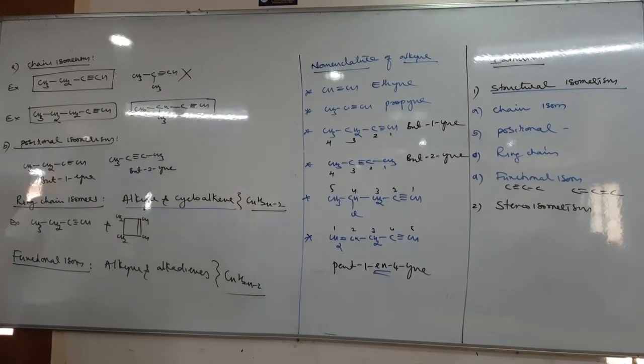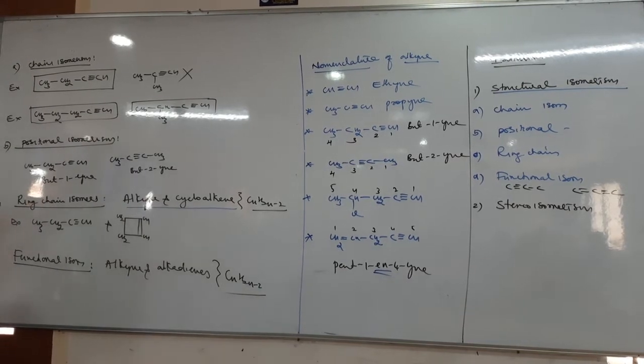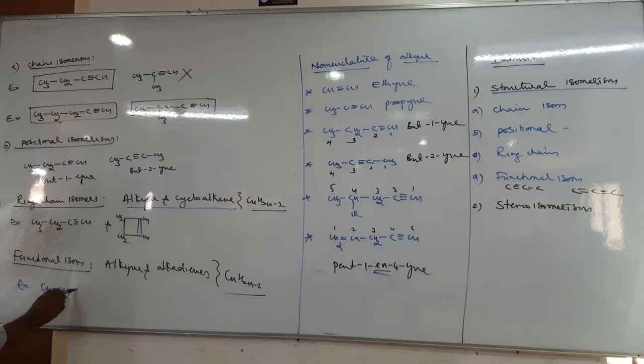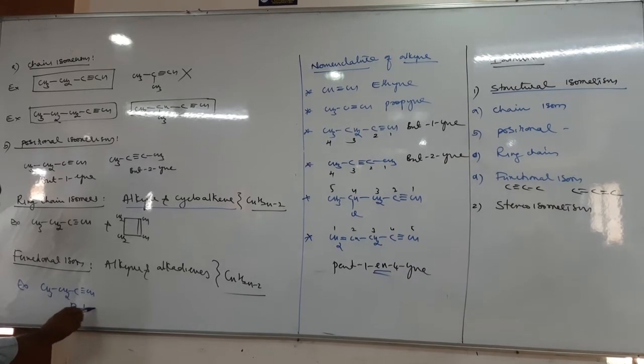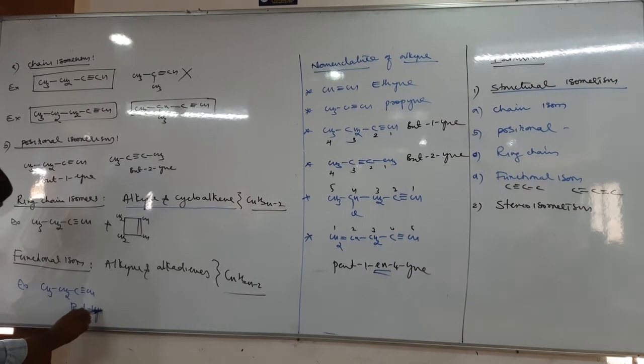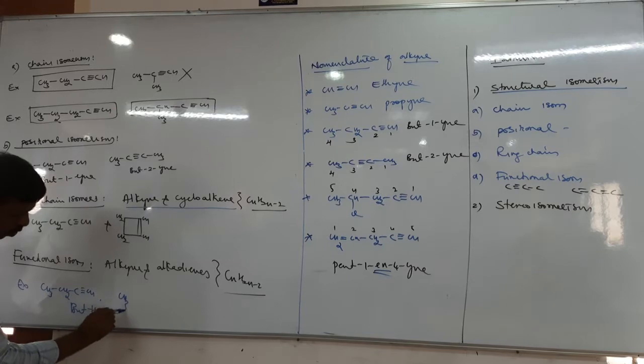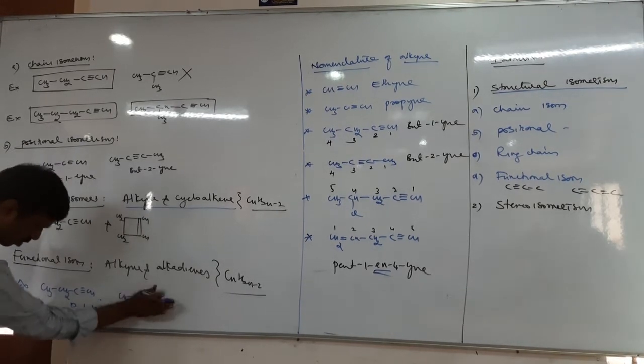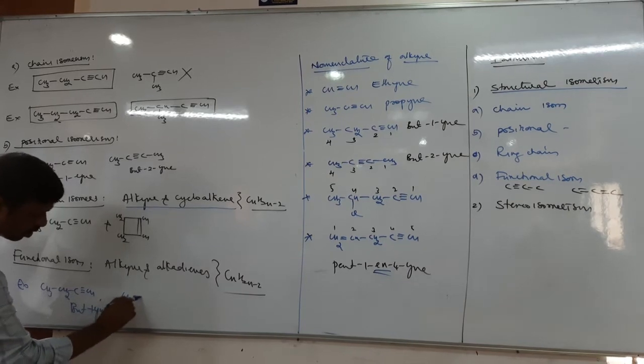One is an alkyne, another is a diene. For example, let us take but-1-yne and butadiene.